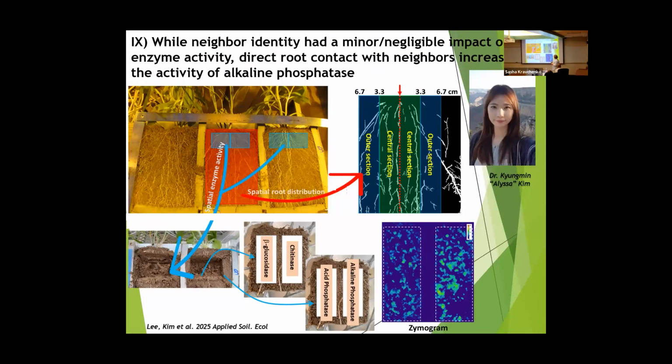So just one last piece I want to mention, what my former PhD student, Ellis, did as part of that greenhouse study. She took mini boxes out of our rhizoboxes, and then she mapped enzyme activities on them. So she created maps of these 4: beta-glucosidase, chitinase, and acid and alkaline phosphatases.